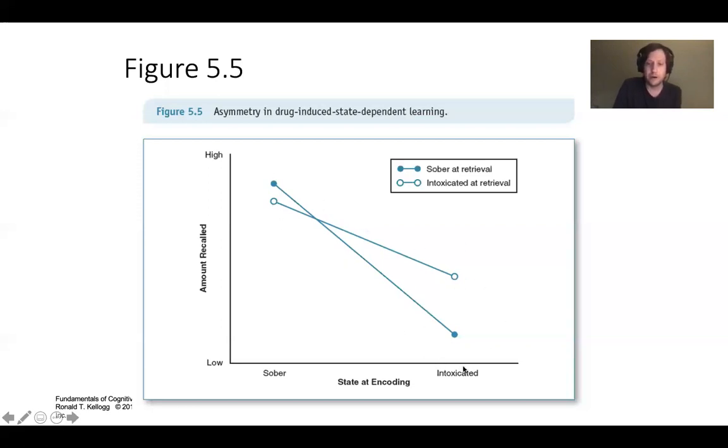People, though, if you are intoxicated at all during encoding, you can see your performance is going to be bad, especially if you're sober at retrieval. So don't think that you can get away with drinking during studying. It's a terrible idea. Obviously, it has very large impairments on your later retrieval. But if you're going to drink during encoding, it actually would be your best strategy to drink during retrieval as well.